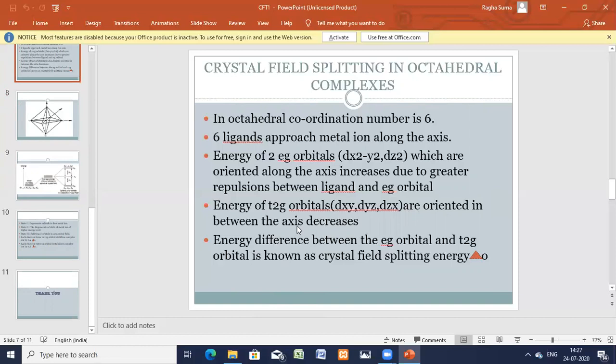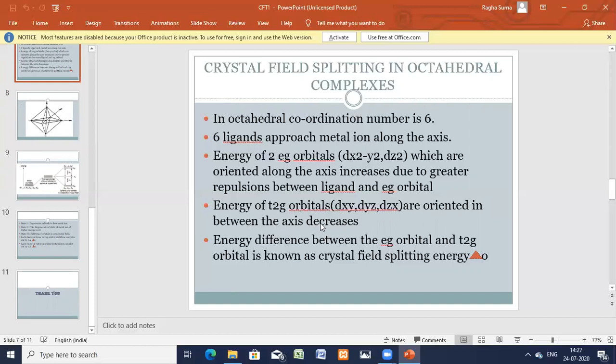Where the repulsion is more, the orbitals which are along the axis experience more repulsion. The orbitals which are in between the axis experience less repulsion. Therefore, energy of the t2g orbitals oriented in between the axis decreases.